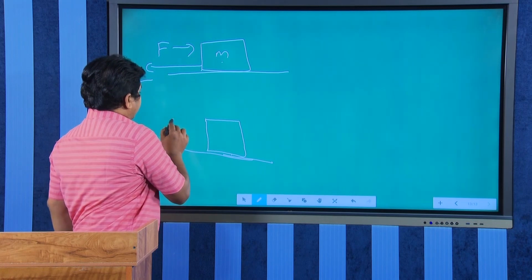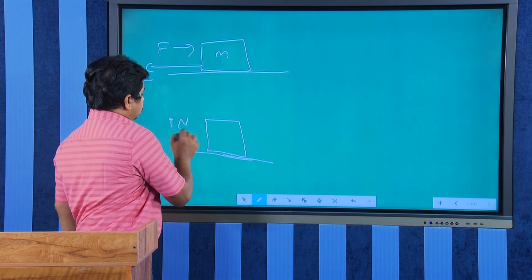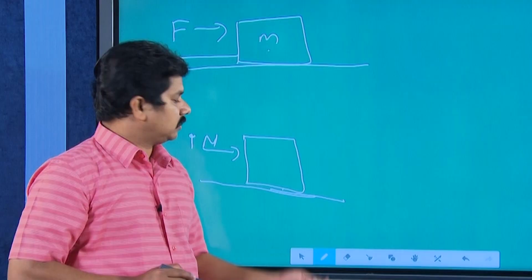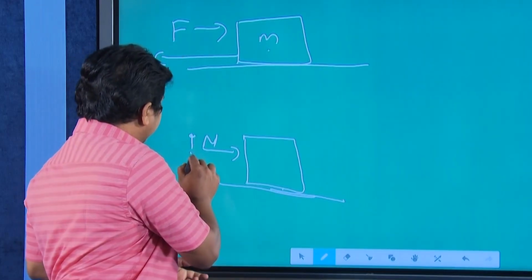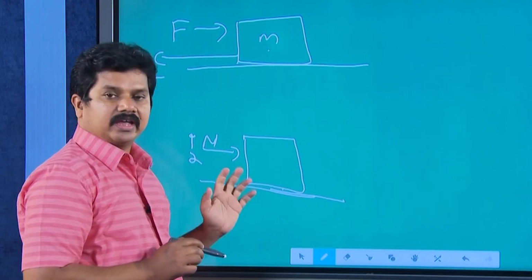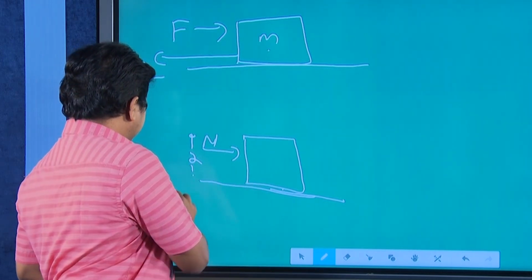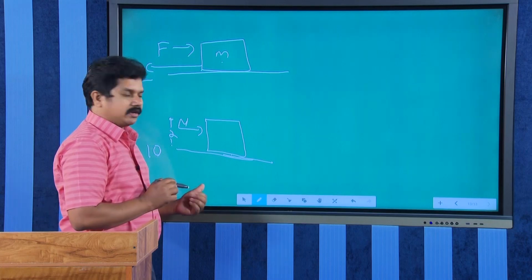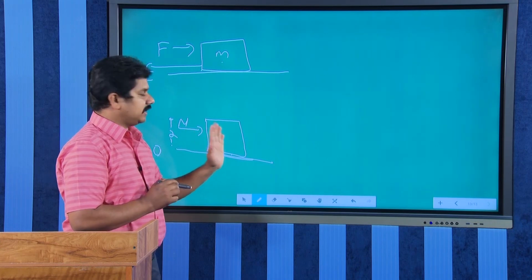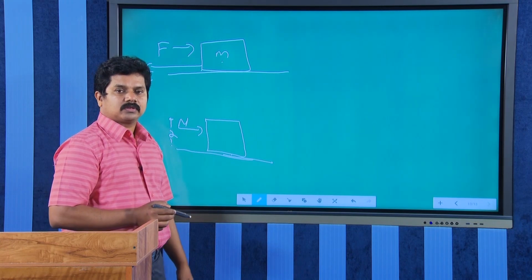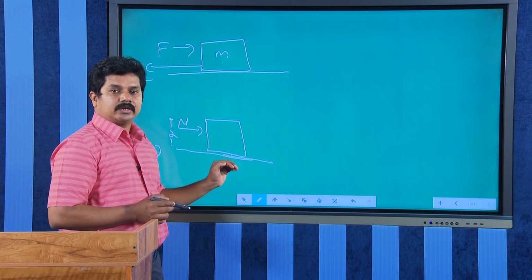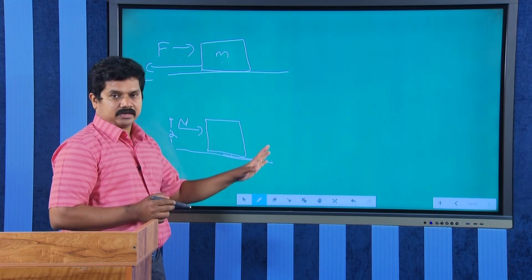If you slowly apply, start with 1 Newton force, the block will not move. Again increase to 2 Newton, the block again will not move. Let us say 10 Newton. When we apply 10 Newton force, suddenly the block starts moving. So up to 10 Newton, the block will not slide.